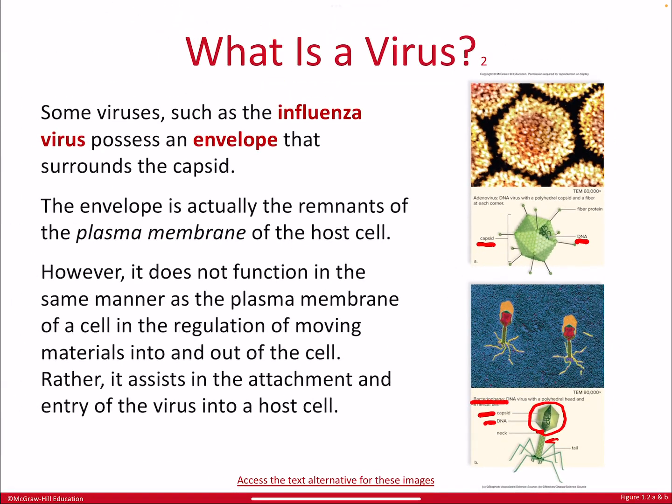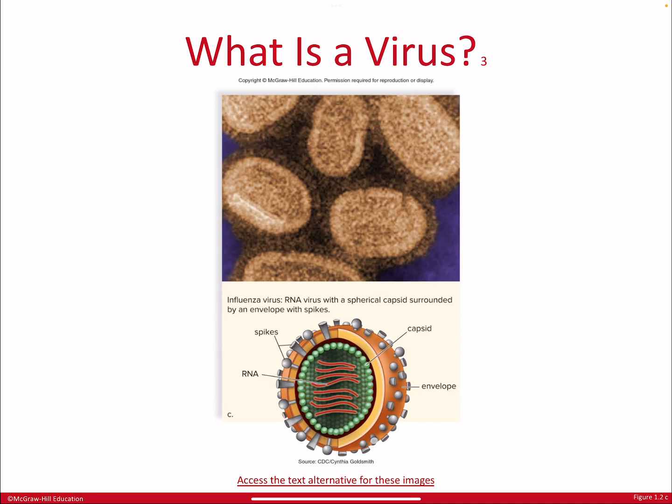But some of these viruses have this external thing around them called an envelope, and it's the remnants of the plasma membrane of the host cell. And one of the things this envelope does is it helps to assist in the attachment of the virus to new cells. Here is an RNA virus.